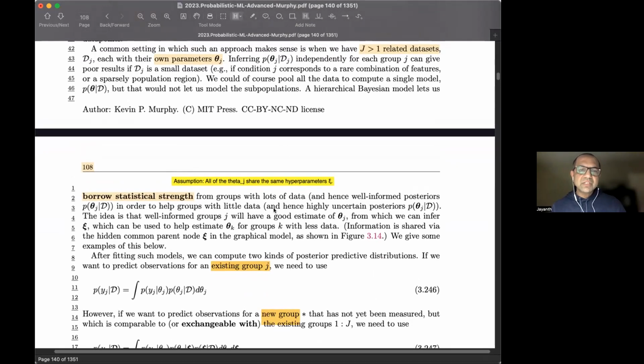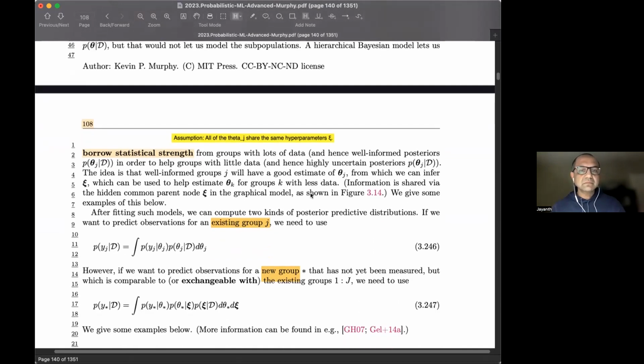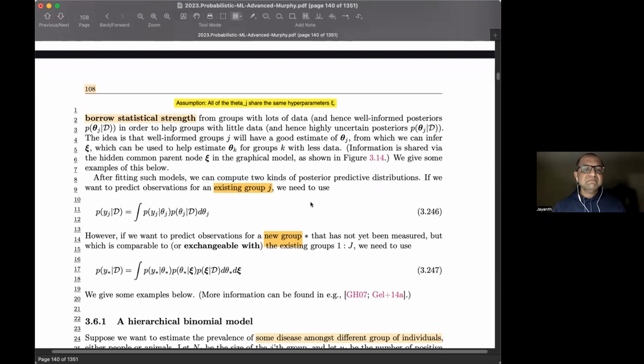One thing to note here is that all of the theta j come from the same set of hyperparameters psi. So if we define, let's say, a mu and a sigma of a distribution, from that distribution we will draw theta 1, theta 2, and so on. He talks about all the theta j's borrowing statistical strength, in other words, getting things from different groups.